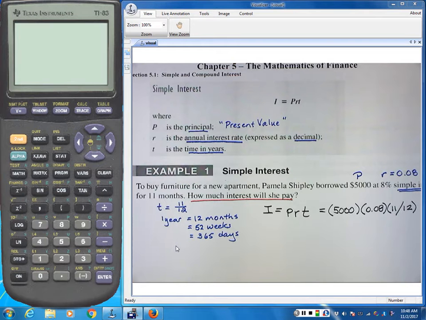There's no need to change that to a decimal. And then you hit the calculator. So this is the part where you're just going to do some arithmetic.